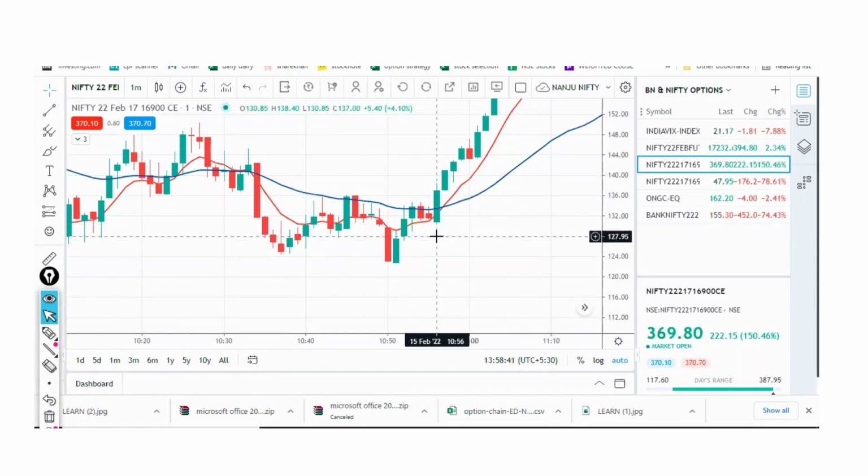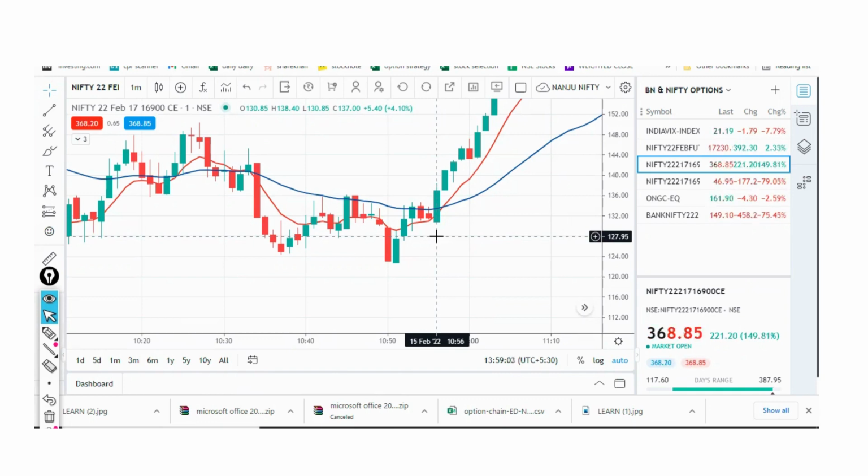The high of this candle is 138.4 and low of this candle is 131. Total 7 points. And double that, 1:2, is 14 points.